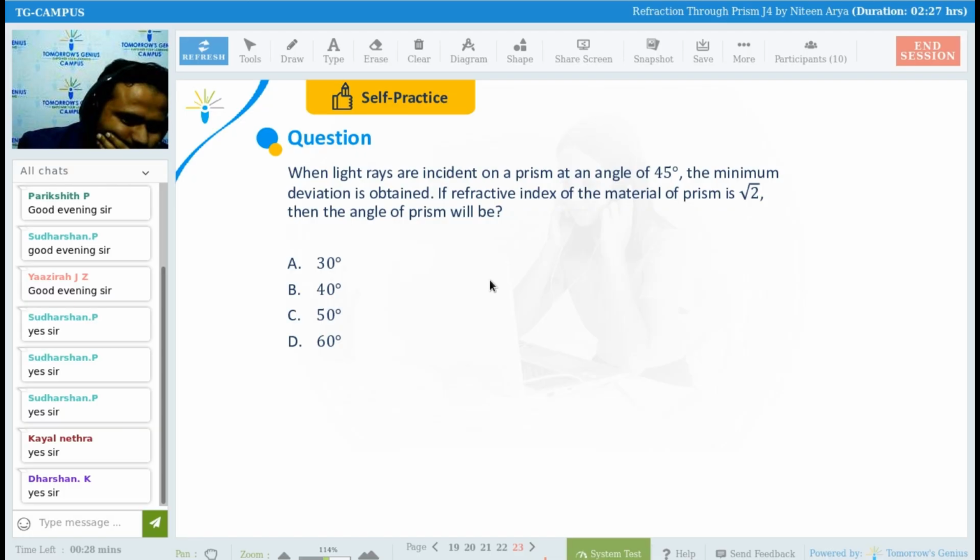Refractive index is given and everything. Tell me the correct answer.